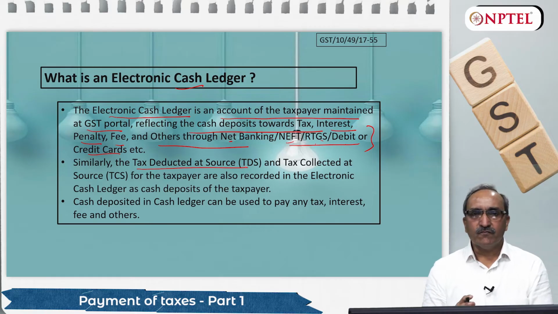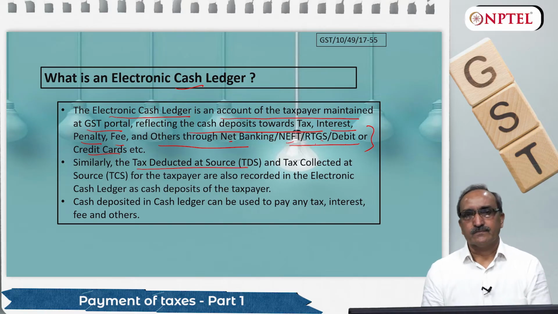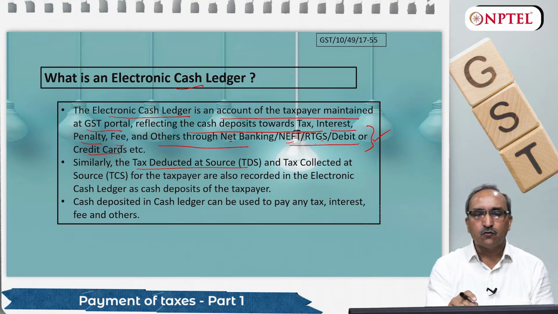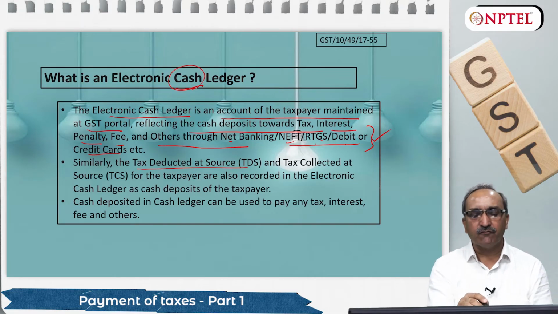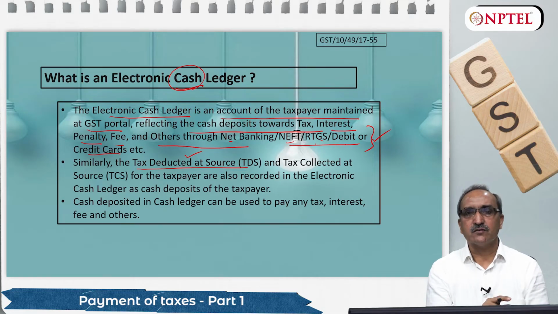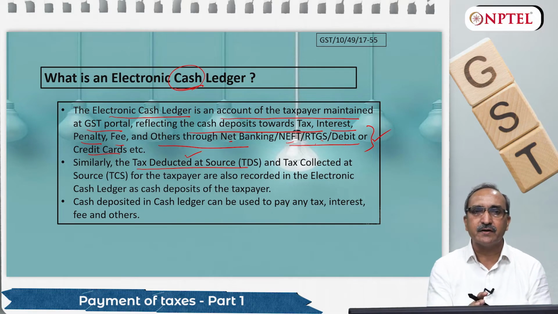Friends, apart from whatever amount you are depositing through these means in the GST portal, this cash ledger will also receive money if TDS is deducted under GST. This TDS is not the TDS we talk about under income tax. It is separate TDS under GST.